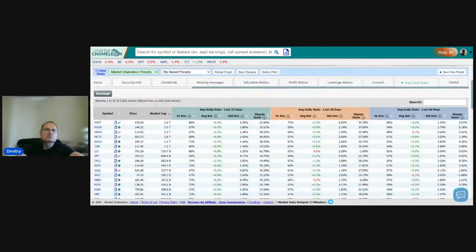So now we have a smaller list, but still 2,000, where both the frequency of up days exceeded the frequency of up days in SPY, and the average daily returns over the last 15 days exceeded SPY. So on a relative basis, these were indicating strength, that they were a stronger performer than SPY.